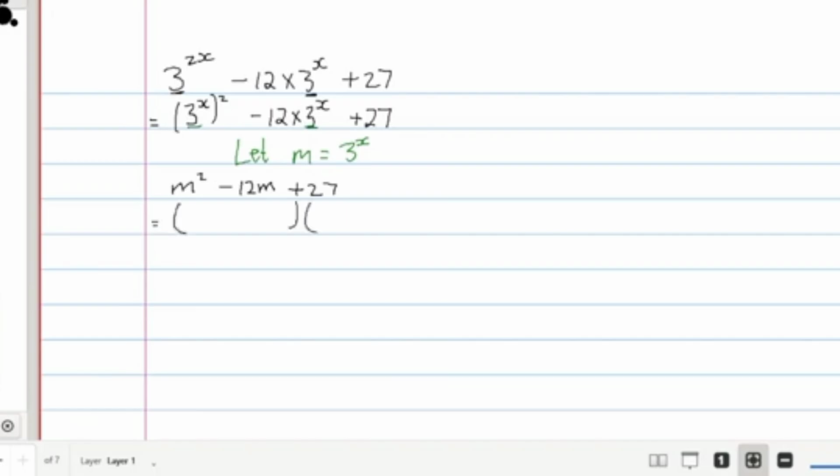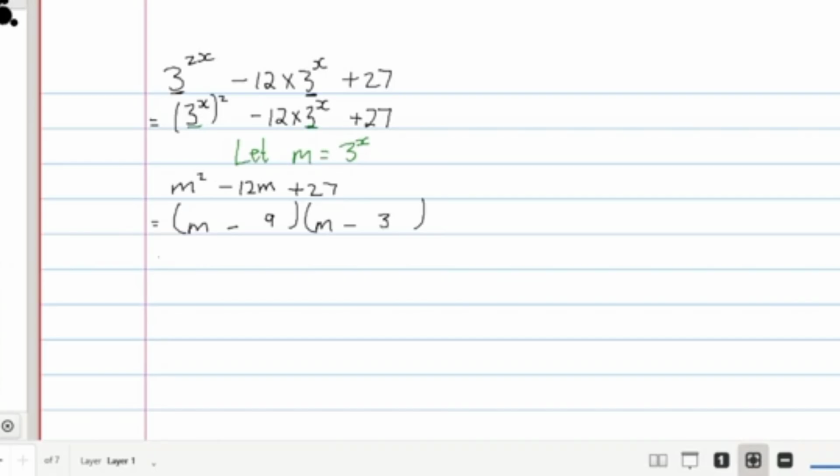Now you can factorize because now it's something that you know. The factors of m squared are m and m. So the last value there is positive. So my signs are going to be the same, and then the middle term is negative, so it's negative negative.